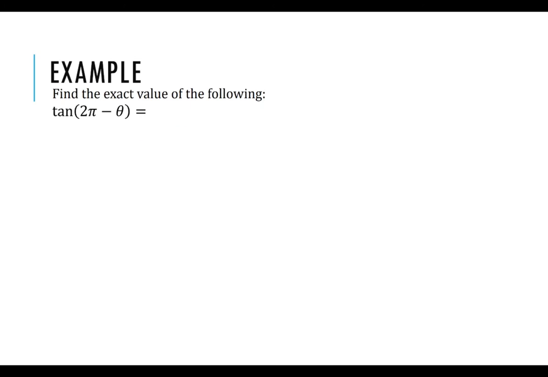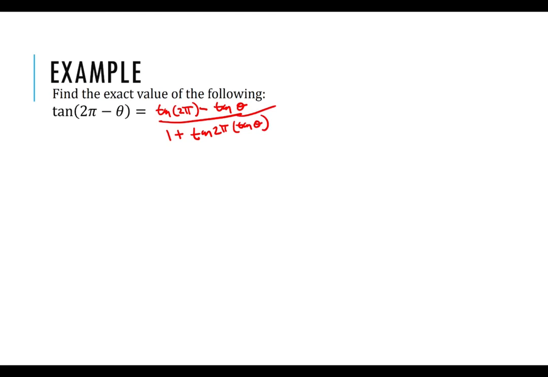Alright, tangent of 2 pi minus theta. Let's try this using the sum difference identity. So tangent of alpha minus beta, that's going to be tangent of 2 pi minus tangent of theta divided by 1 plus tangent of 2 pi times tangent of theta.